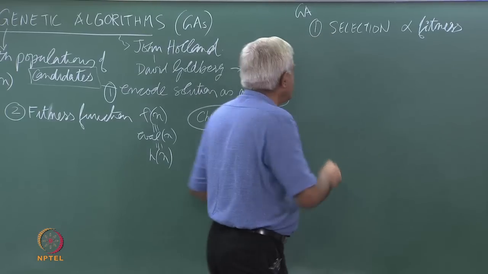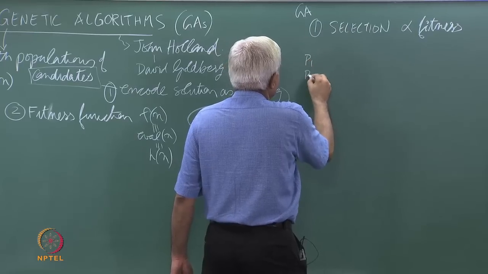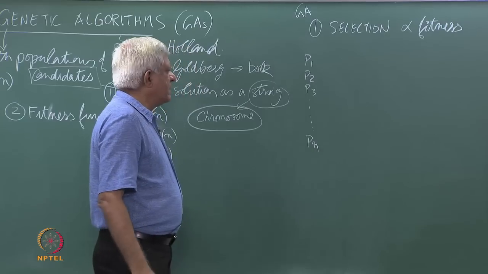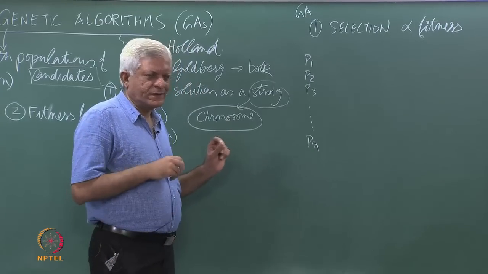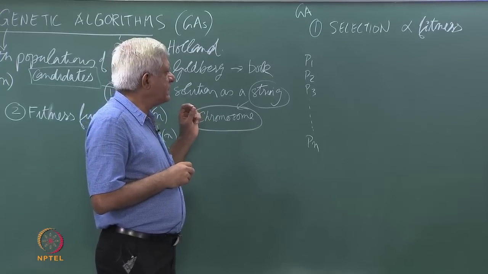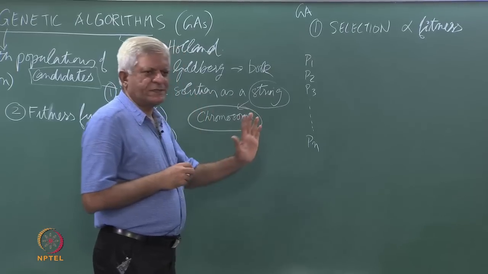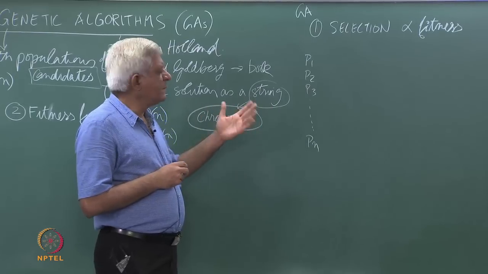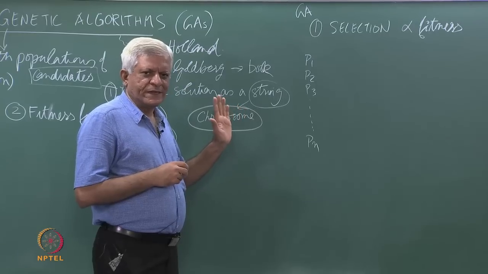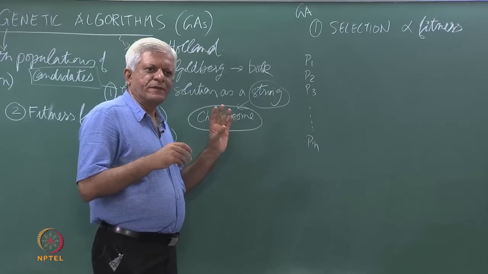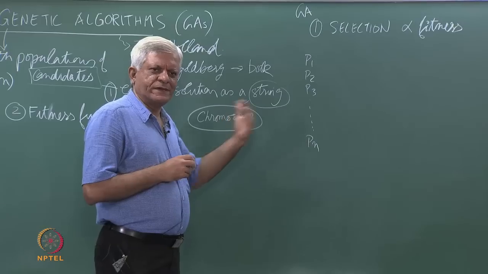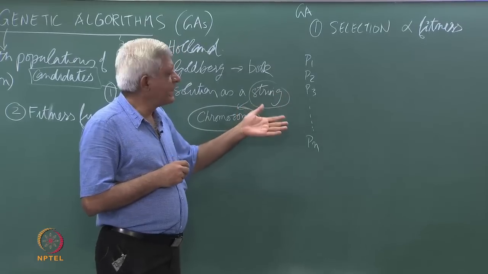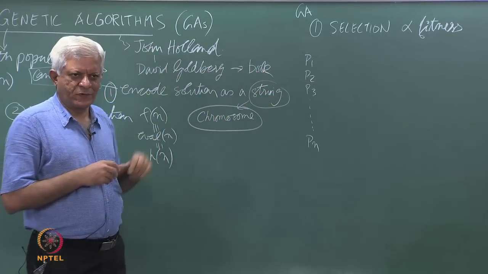We have these candidates P1, P2, P3, Pn, and for each of them we have a fitness value. We clone individuals in this population in proportion to their fitness, which means we will make more copies of fit candidates and fewer copies of unfit candidates, fewer meaning 0 basically, or more could be 1, 2, 3, 4, anything.